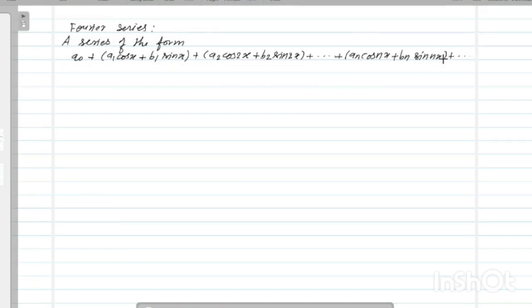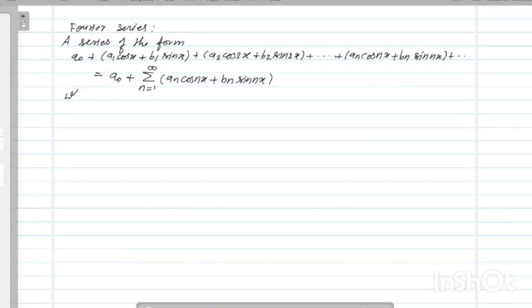This series runs up to infinitely many terms, and in a simple way this can be written as the constant term a naught plus summation running from n equal to 1 to infinity of an cos nx plus bn sin nx.